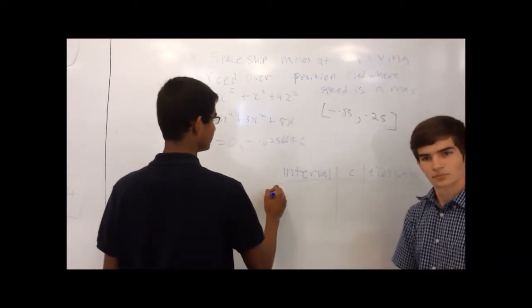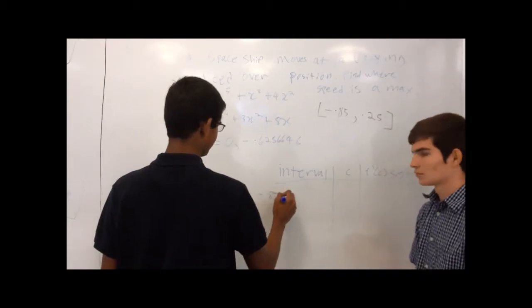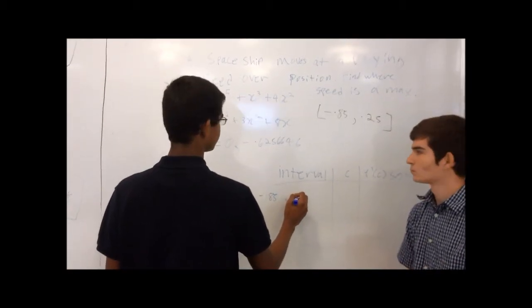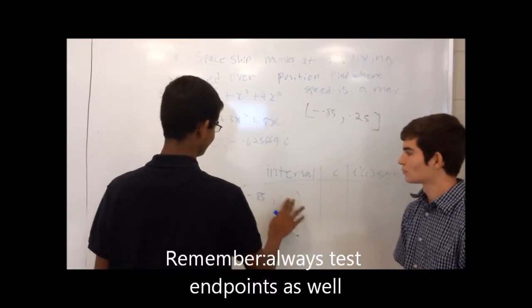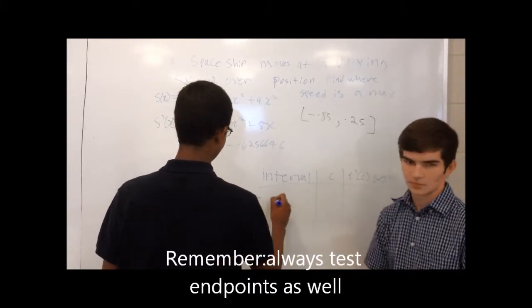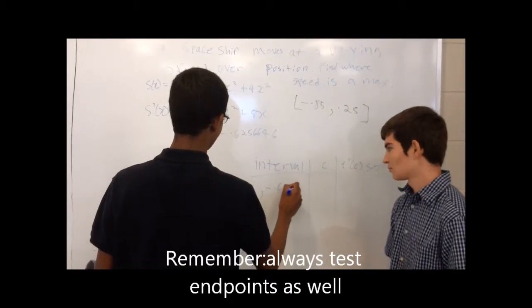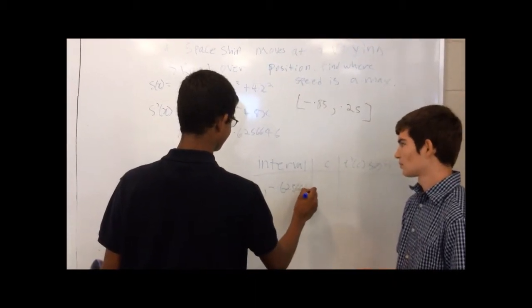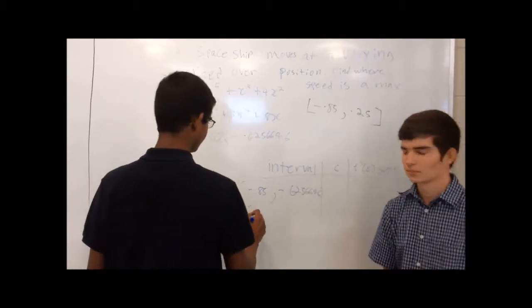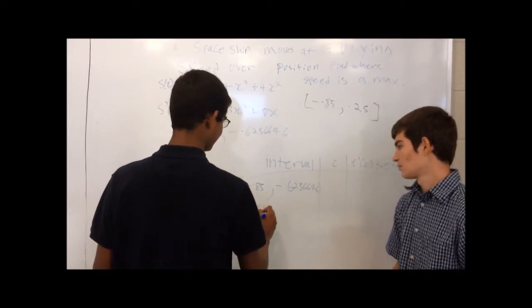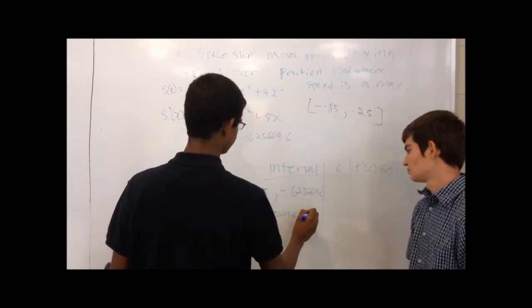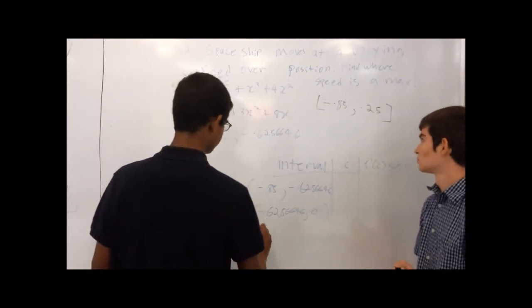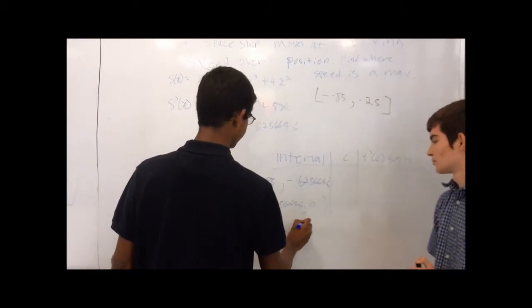The lowest endpoint, negative 0.85 to negative 0.62566646. Then from this number to 0. Then from 0 to 0.25.